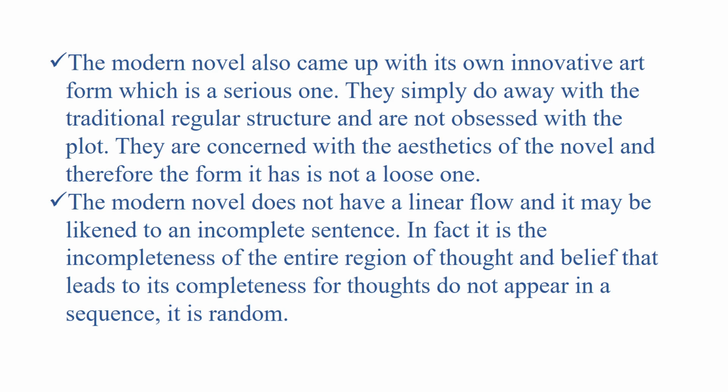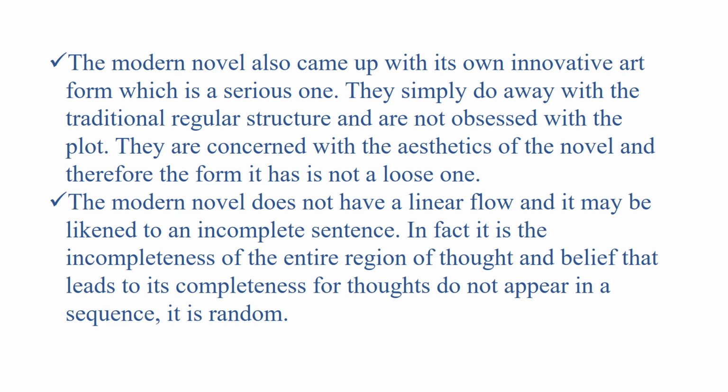Since the modern novelist is much concerned with the structure and the aesthetics or the beauty of the novel, the form they adopt for their work is never a loose one. The modern novel even does not have a linear flow, and therefore we can compare it to an incomplete sentence.